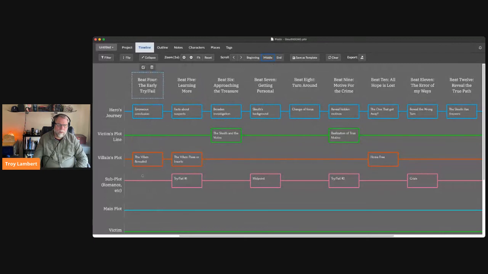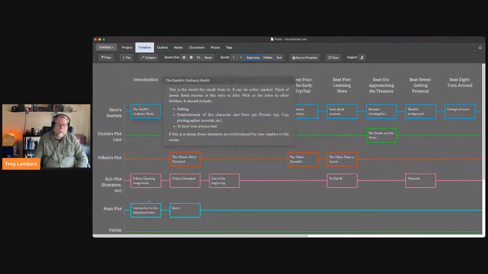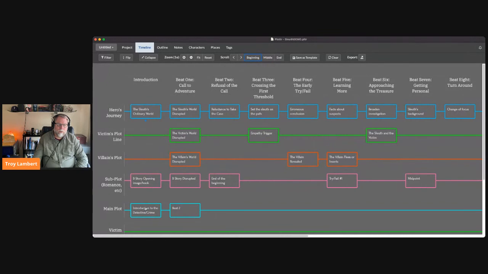Now, sometimes people say, well, this seems like a lot to happen in a single beat. You can certainly separate that out if you want to. Usually I separate this out when I export this to Scrivener. And let's say there's other parts too, like, there's another way you could do this, the sleuth's ordinary world.